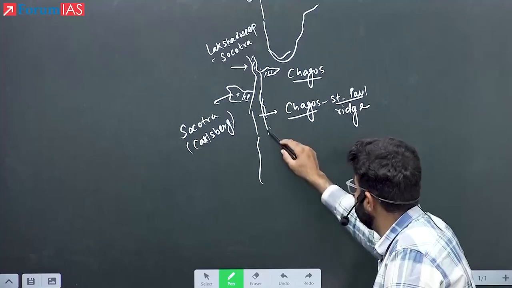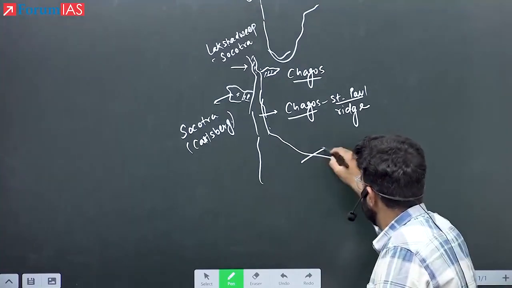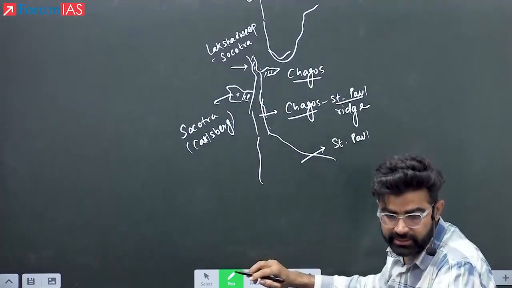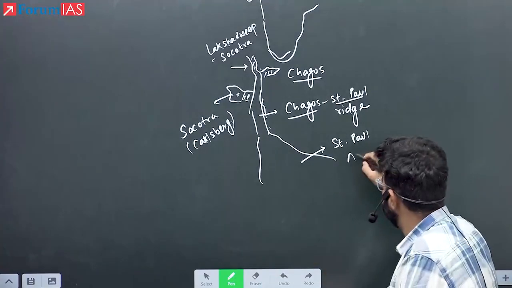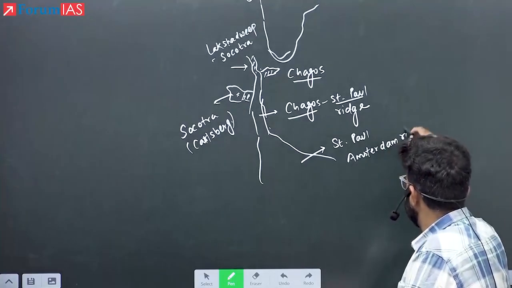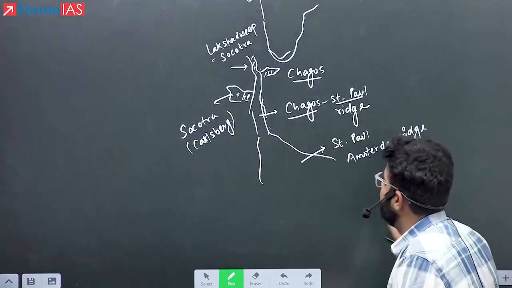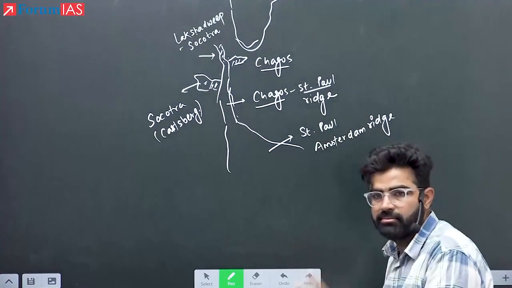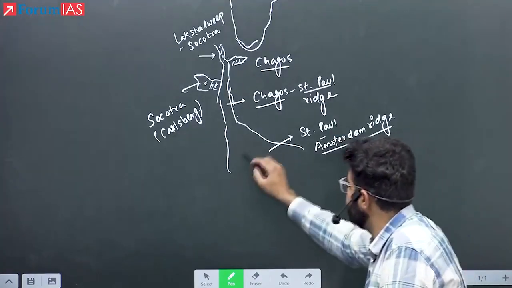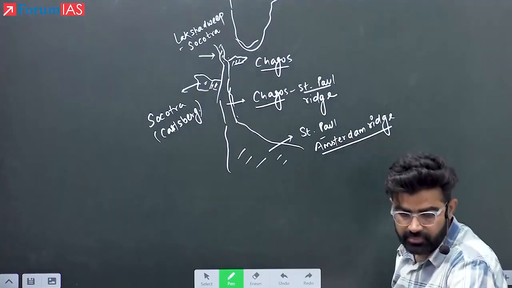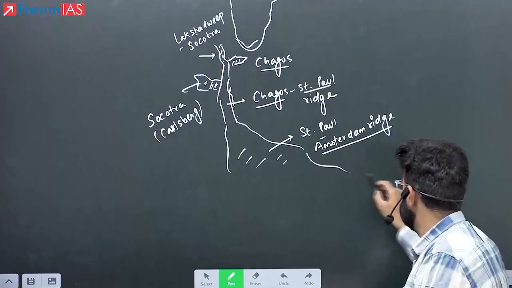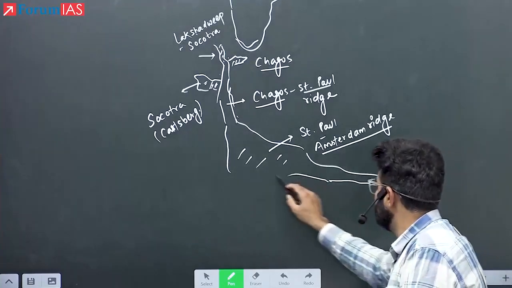Then if you go further south, this is St. Paul and it is Amsterdam. They are not mentioned, means all these are not mentioned. Some of the examples you may find: St. Paul, Amsterdam Ridge, this entire region. This will be divided into two parts.